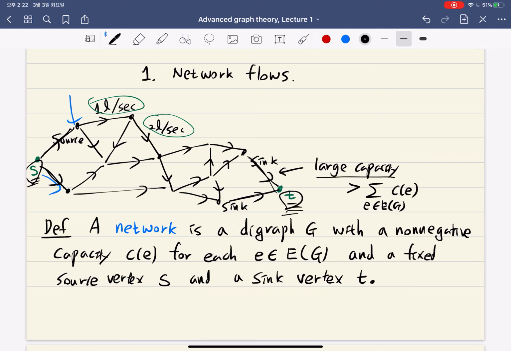So this large capacity can be any number bigger than the sum of the original capacities. In this case, we will just say that we give it infinite capacity.